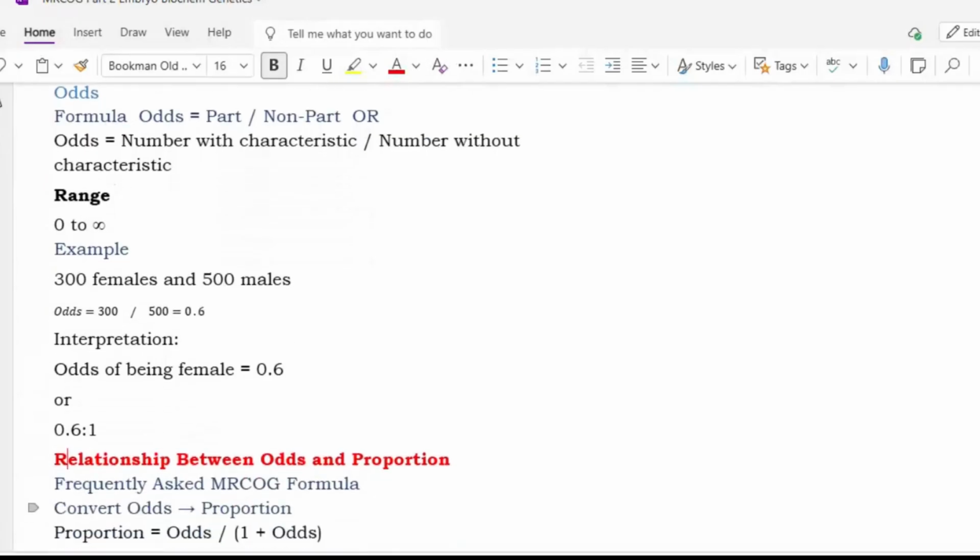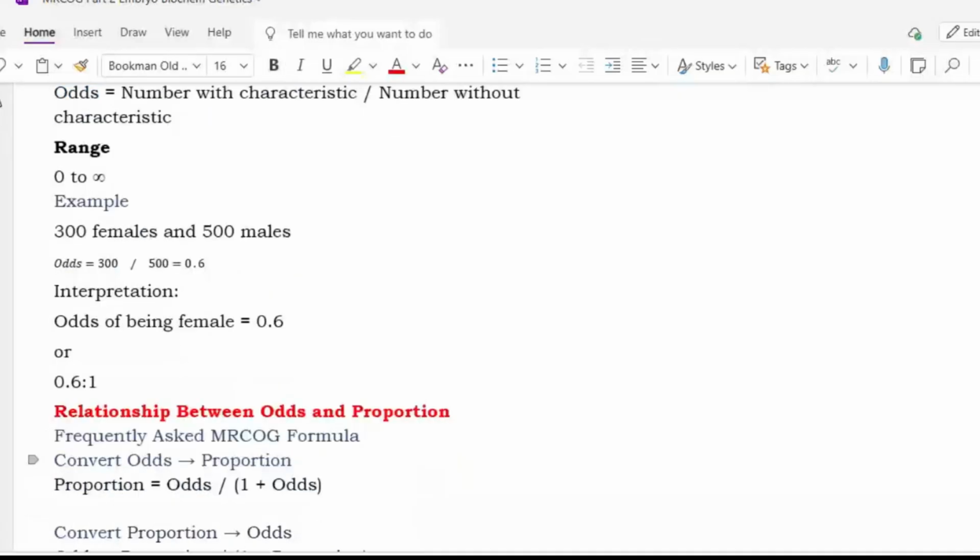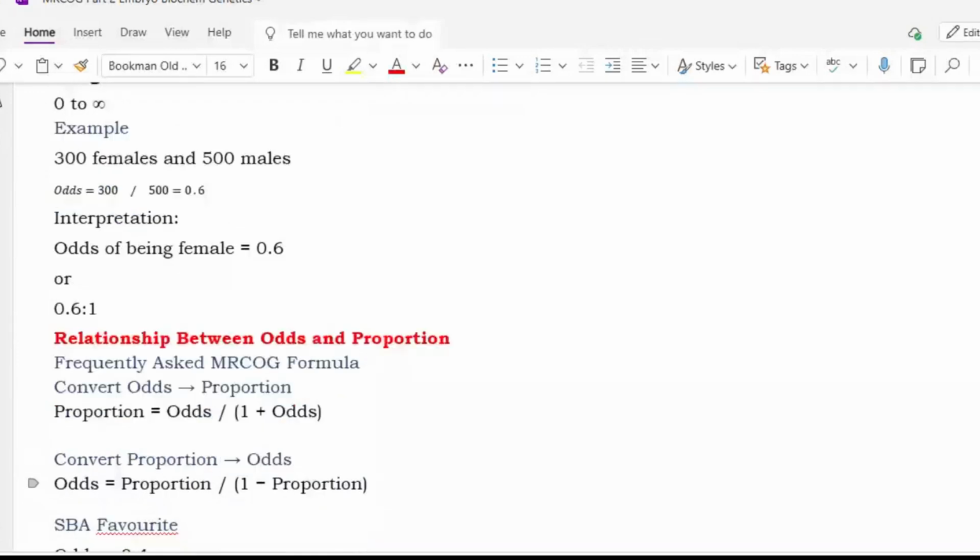Now, is there a relationship between the odds and the proportion? Yes. If you are given the odds, you can calculate the proportion. If you are given the proportion, you can calculate the odds. Sometimes they can ask you to convert odds into proportion. Proportion equals odds upon 1 plus odds, so odds divided by 1 plus odds will give you the proportion. Now, how to convert proportion into odds?